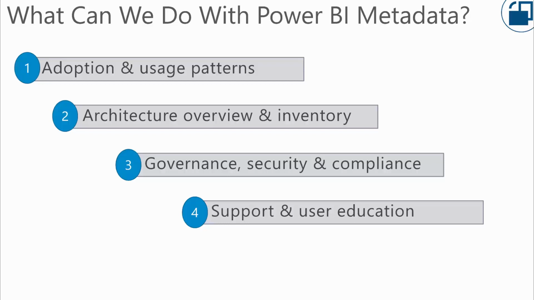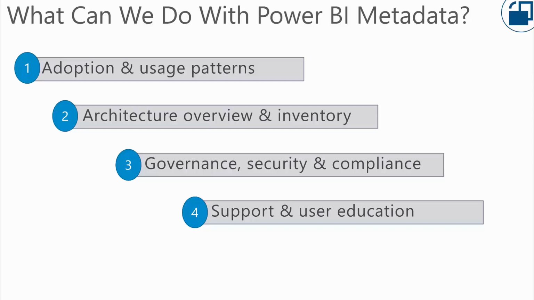We can look at adoption and usage patterns, right? Understanding how people are really using the service. We can do an architecture overview and inventory, and that's about understanding, well, how many reports do I have and where do they exist and how many workspaces and all that kind of stuff.